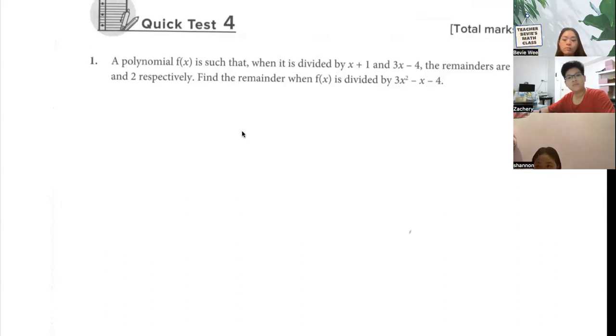No polynomials. Usually they give me a polynomial. Okay, I can do it by remainder theorem, factor theorem, right? Correct or not?